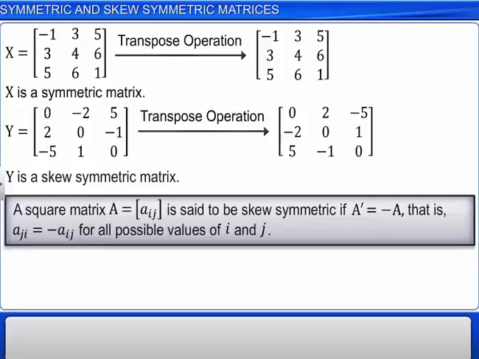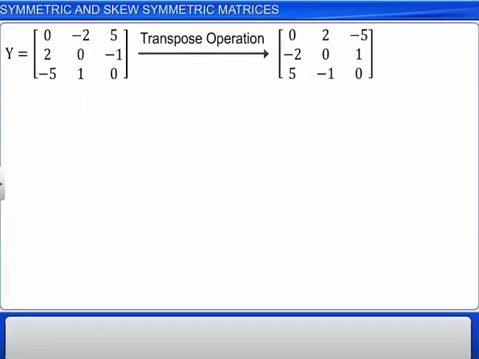Consider the two matrices. Now, for any element in Y, the corresponding element in Y transpose is of negative value. We can observe that any element Aij in Y is equal to minus Aij in Y transpose. If i is equal to j, then we have Aii is equal to minus Aii.